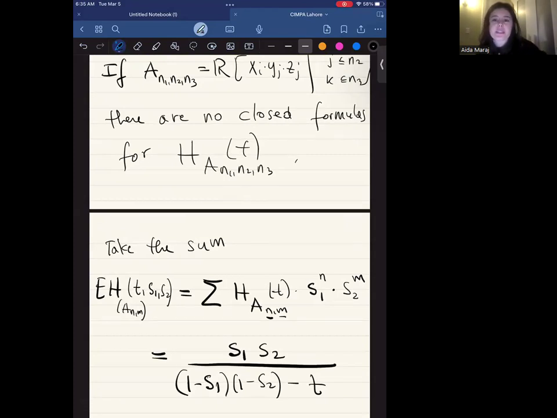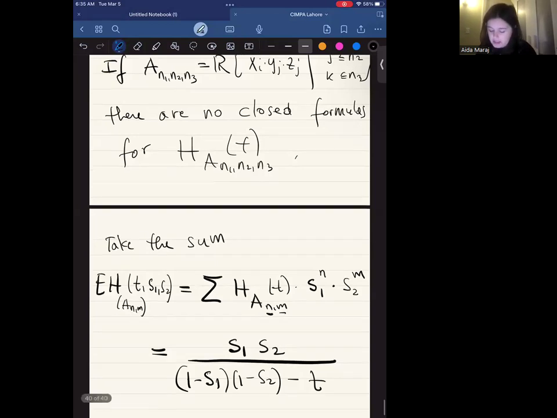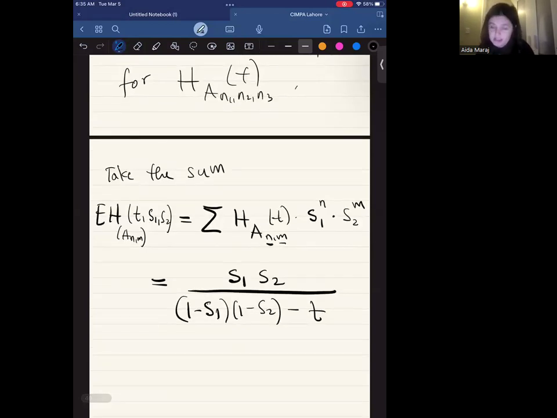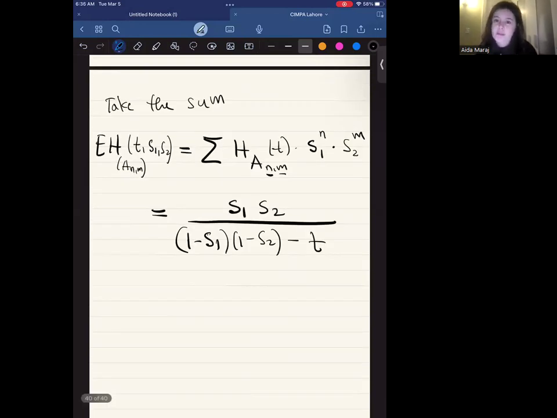Summing over the Hilbert series of related algebras or related ideals may give us some nice closed formulas. And once we have this, if we want the rational form of the Hilbert series, we can take partial derivatives and get it in this rational form. Okay, so this is one main motivation for me on why to study this equivariant Hilbert series.